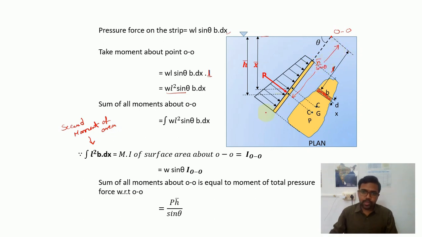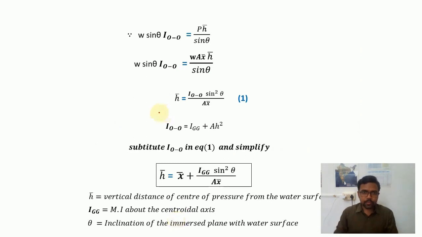So P into h bar by sin theta gives the sum of all moments about OO. Now we have to equate these two equations to get the h bar value. So W sin theta IOO is equal to P h bar by sin theta.